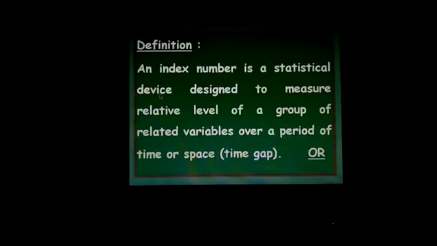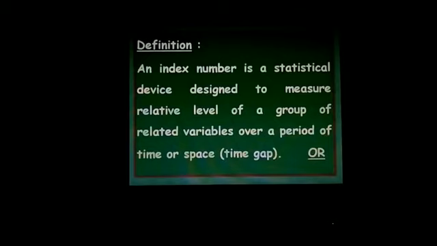It is one of the statistical tools or techniques specially designed to measure the relative level of a group of related variables over a period of time. Over a period of time, whatever relative change has taken place, an index number will measure.